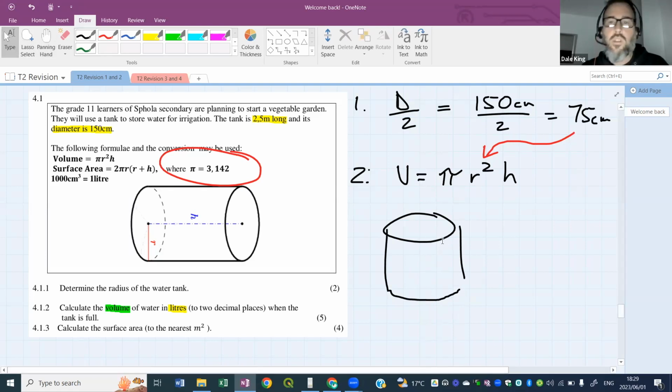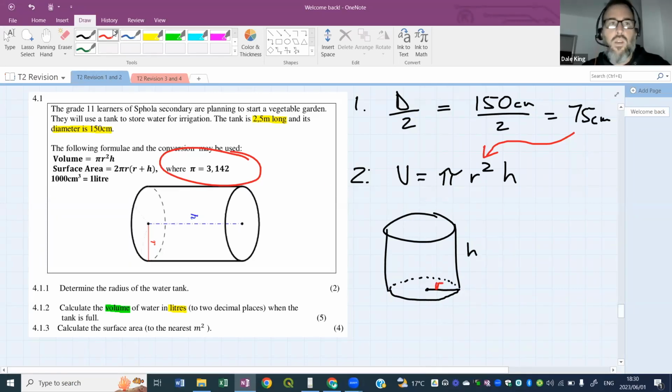So often the tanks are standing straight up like this, and when you are trying to find a height, you would say that this dimension on the side here is height. And there's a circle at the bottom and a circle at the top, and the radius is from the middle of the base out to the side.